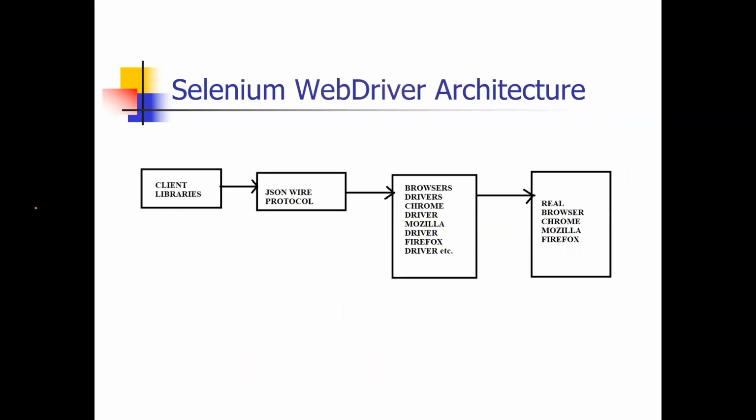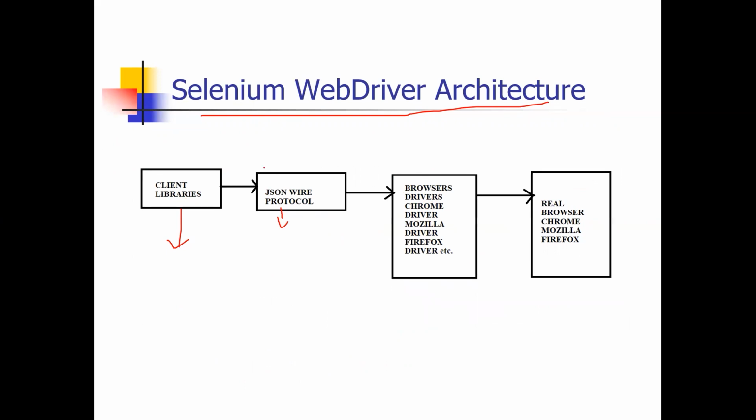Now next is Selenium Web Driver architecture. How does this web driver work? See, first you need to install the client libraries. Okay. Then the JSON wire protocol. After the protocol, the drivers for the browsers on which we are working.